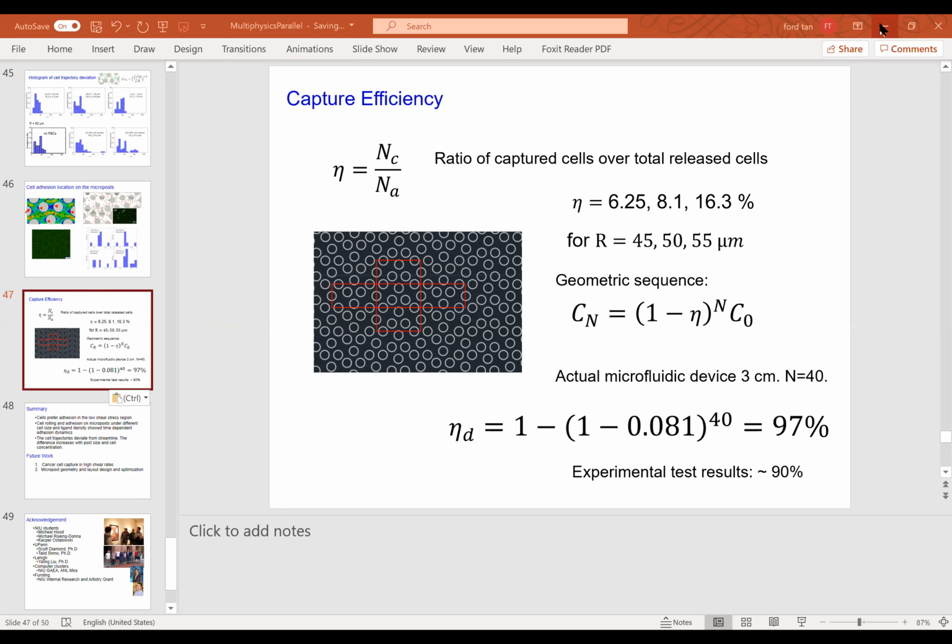There are some critics who say this kind of assumption is not that valid, but unless we can simulate the capture efficiency on the whole megafluid device scale, otherwise I can only report that the capture efficiency in the single units is 6%, 8%, and 16%. How we could extrapolate that to the actual whole device, I think that requires more research.